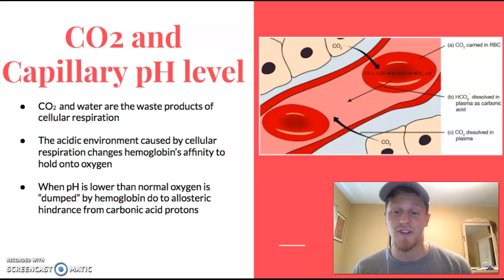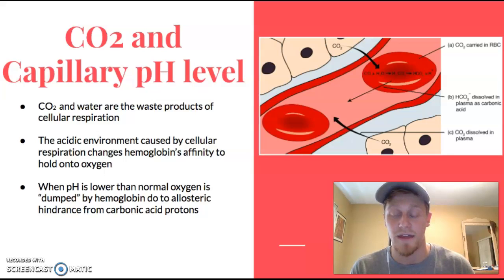So our various tissues and cells are working and expelling their waste products, CO2 and water. They sit around in the tissue, and those are going to diffuse into the red blood cells. And together with an enzyme called carbonic anhydrase, it's going to turn those products into carbonic acid.